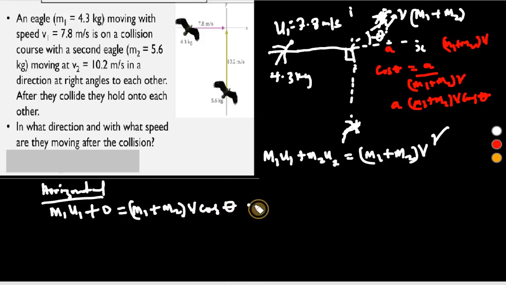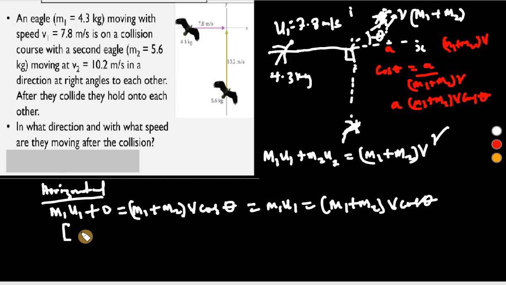Now this implies that m1 u1 equals m1 plus m2 v cos theta. We call this equation 1, and this represents the horizontal component of the momentum.